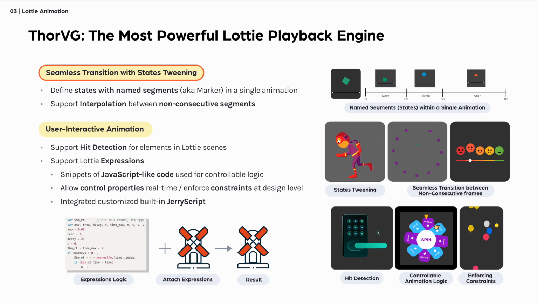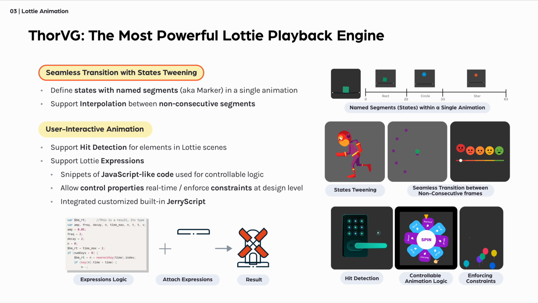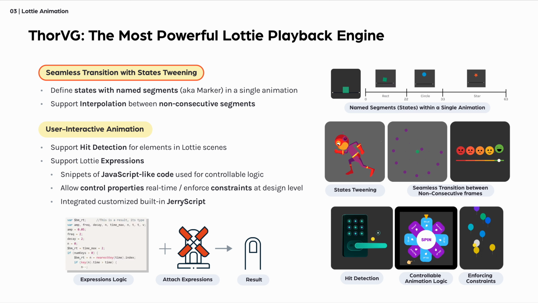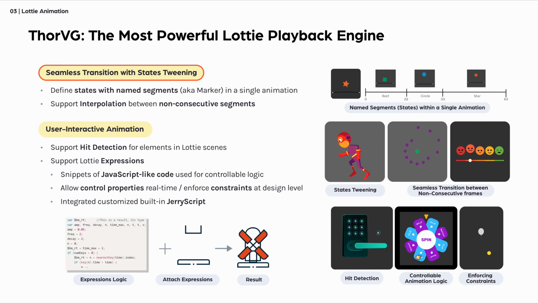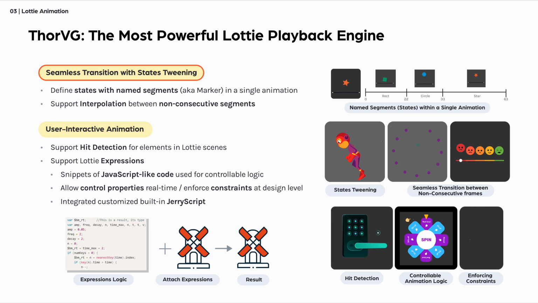As shown in the figure on the right, one single animation can have multiple segments, in this case rectangle, circle, and star. This means this animation has three named segments as states. And here is the point that makes ThorVG special: it has the ability to smoothly transition at any point between two animation states.